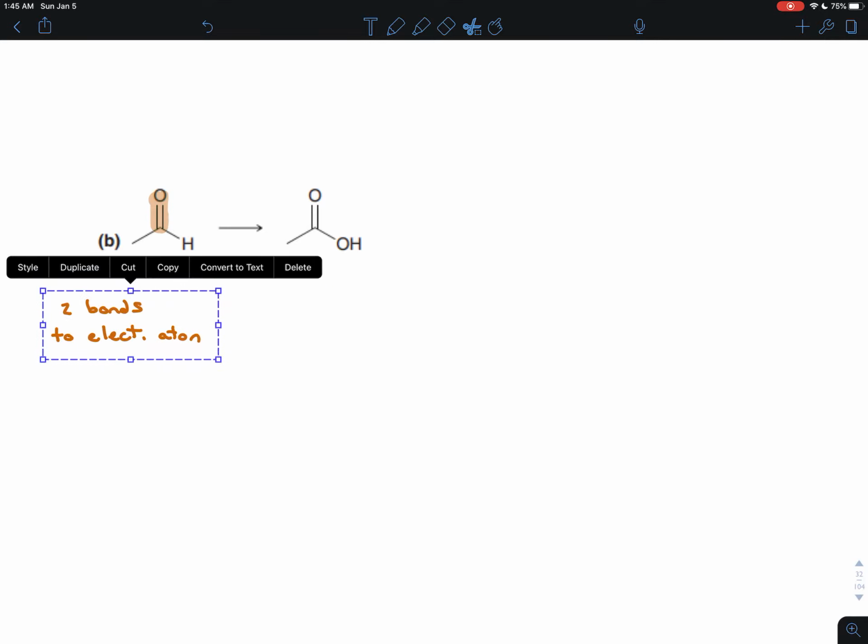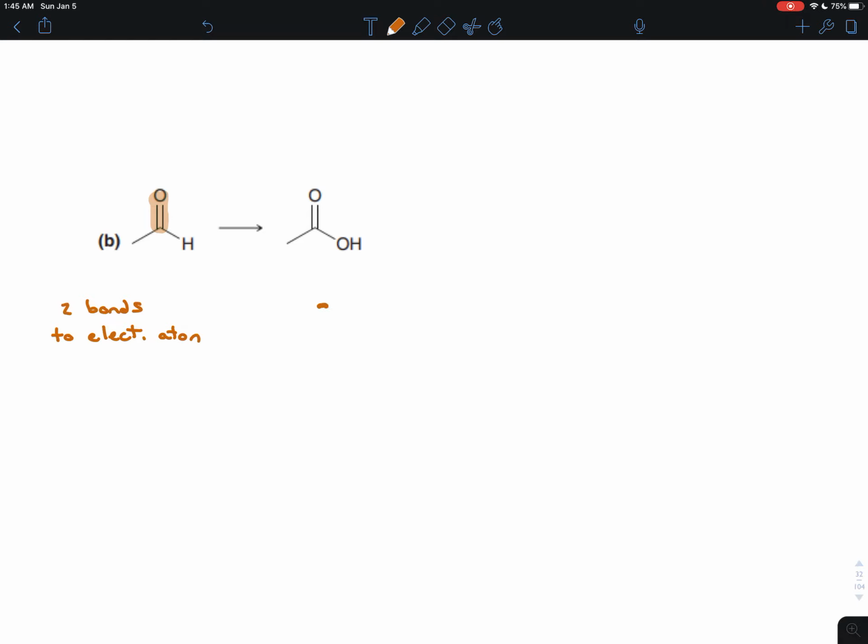On the right side of the arrow, we have 3. We have 2 going up, and then 1 going to the left. If the number of bonds to an electronegative atom increases, then this carbon is going to lose electrons. It will become more positive. And so this will be oxidized.